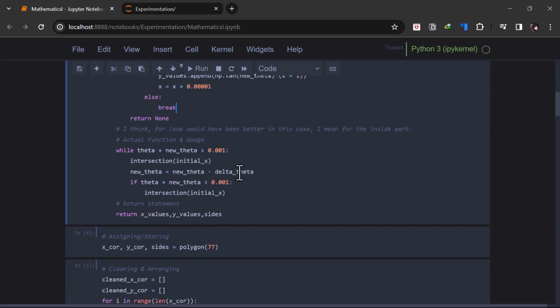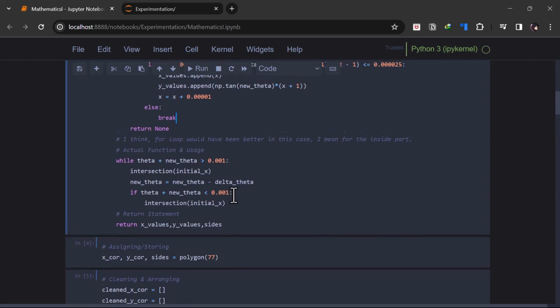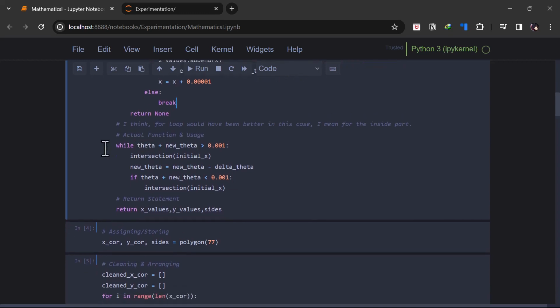Now this is the actual usage of this particular function that we have defined. This particular loop will run up and until this theta plus new theta is greater than 0.01. Now you know that this new theta will be the one to which we will be making the manipulations, right?